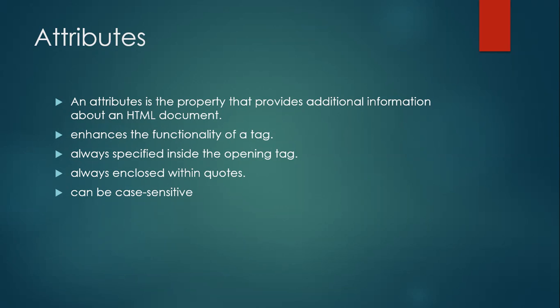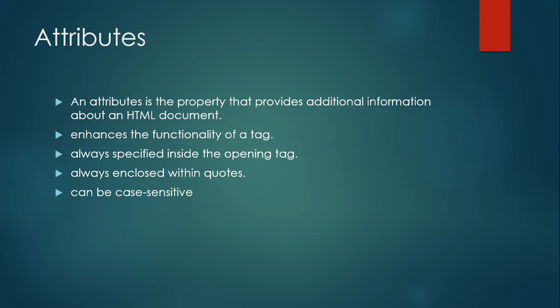An attribute is the property that provides additional information about an HTML document. It is used to enhance the functionality of the tag. Look, tag is used to add the content to the web page, but attributes are used to decorate the content in different manner.